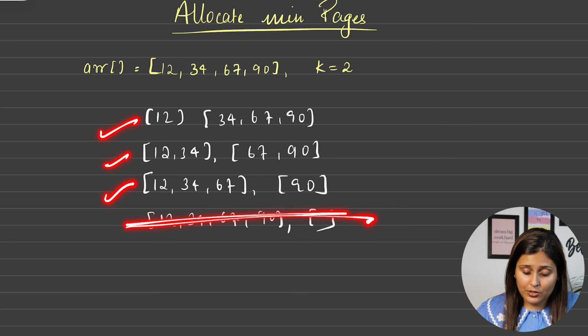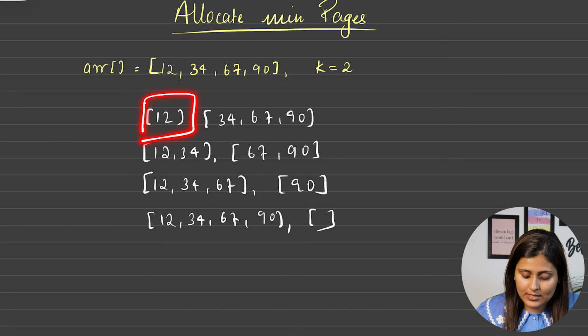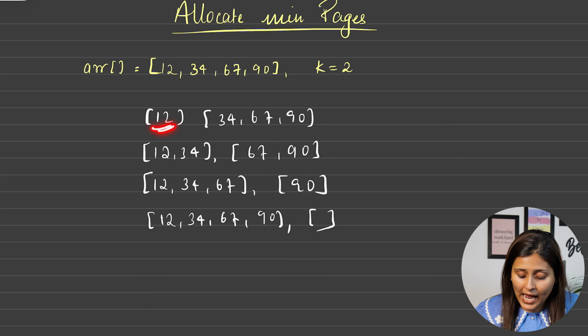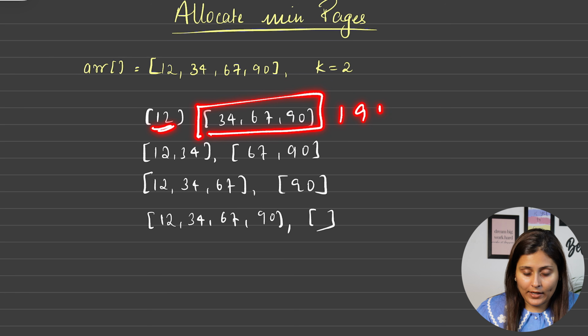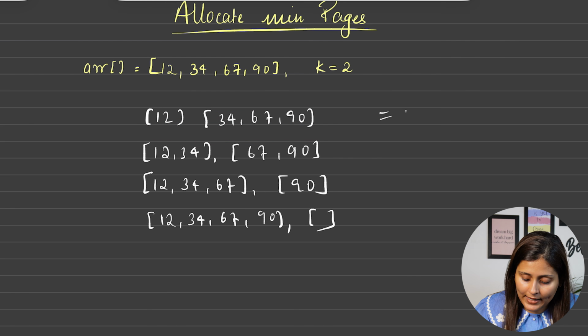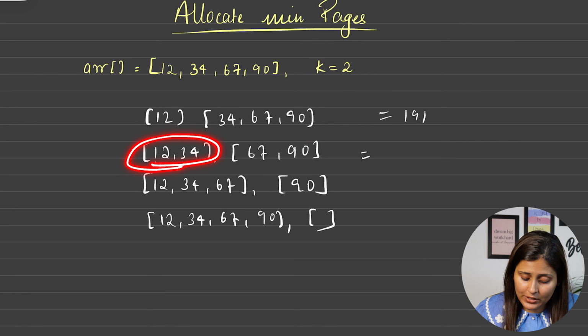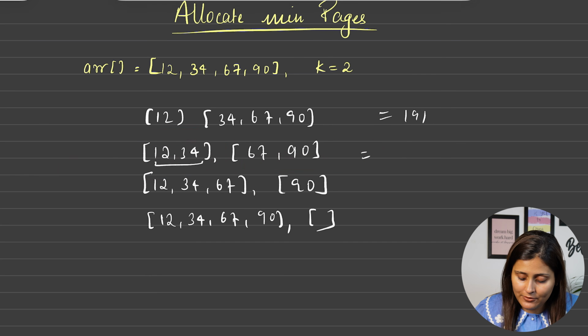The first 3 are possible. In the first arrangement, the summation is 12 for one student, and in this case it's 191 for the other, so the maximum is 191. In the second case, the summation for this is 46, and for the next one it is 157. So what is the maximum? Obviously 157.